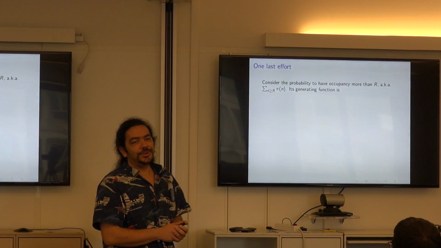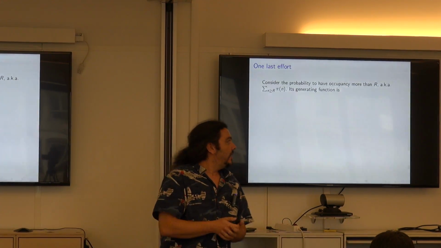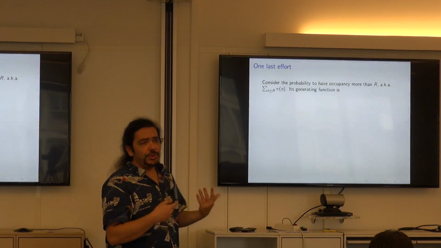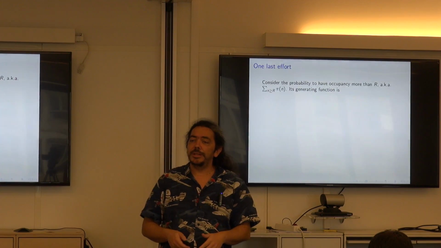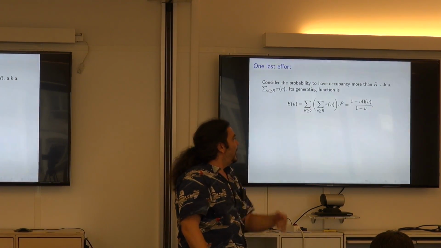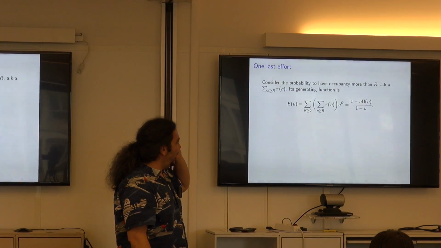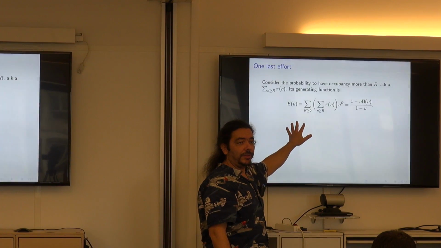Okay, so let's go back because we want to have some performance evaluation. For instance, we want to compute the probability that the queue has an occupancy greater than some value R. So you just write this. Basically, you want to estimate the probability to be greater than R. There is a generating function for that.